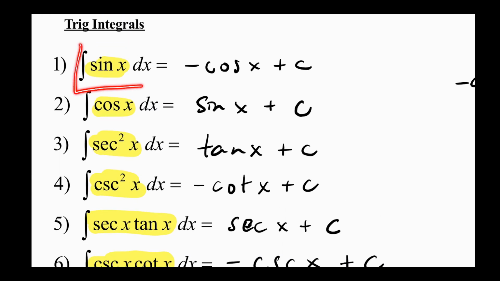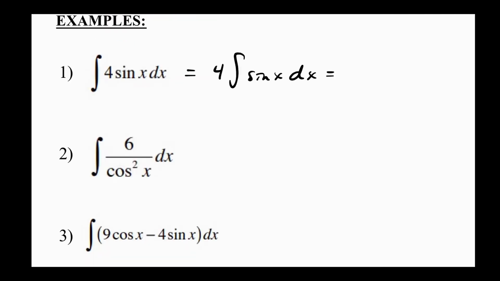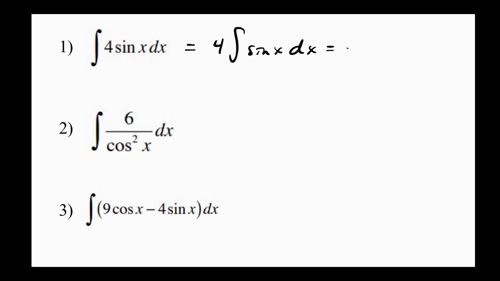It's right here. So multiply that times what I already had in front, and you get negative 4 cosine x plus c.